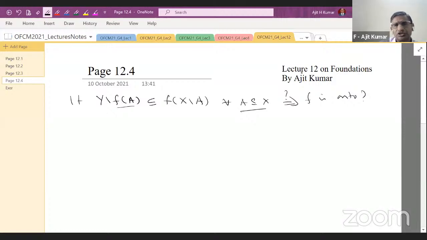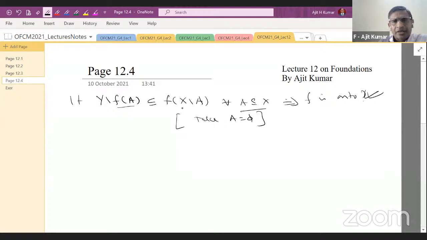So this is true, right? And the proof is that take A to be the empty set. Then this is always true. Let me just take another couple of minutes.